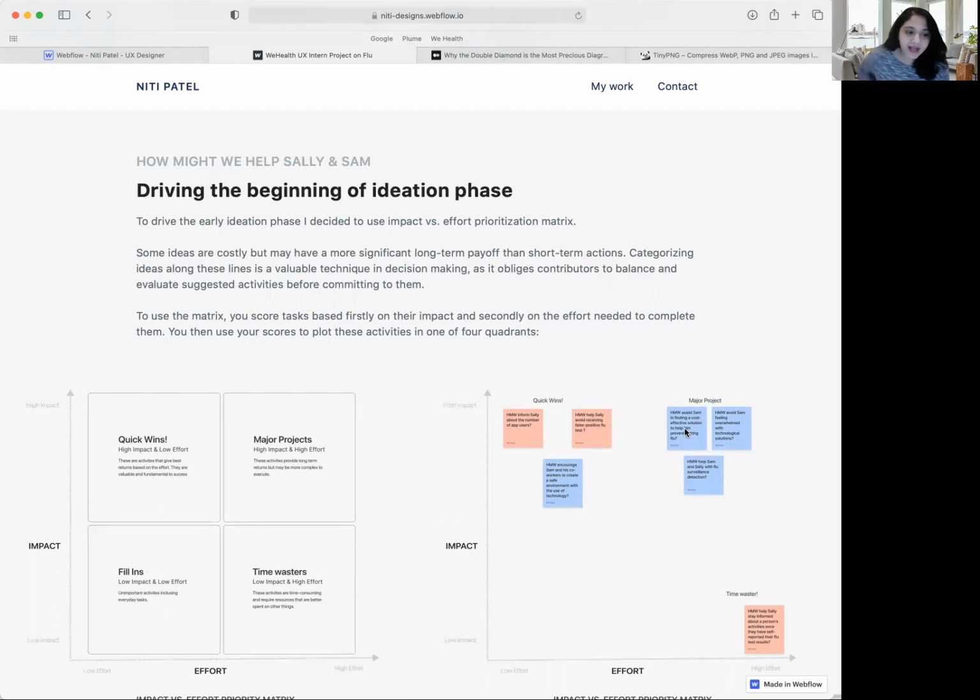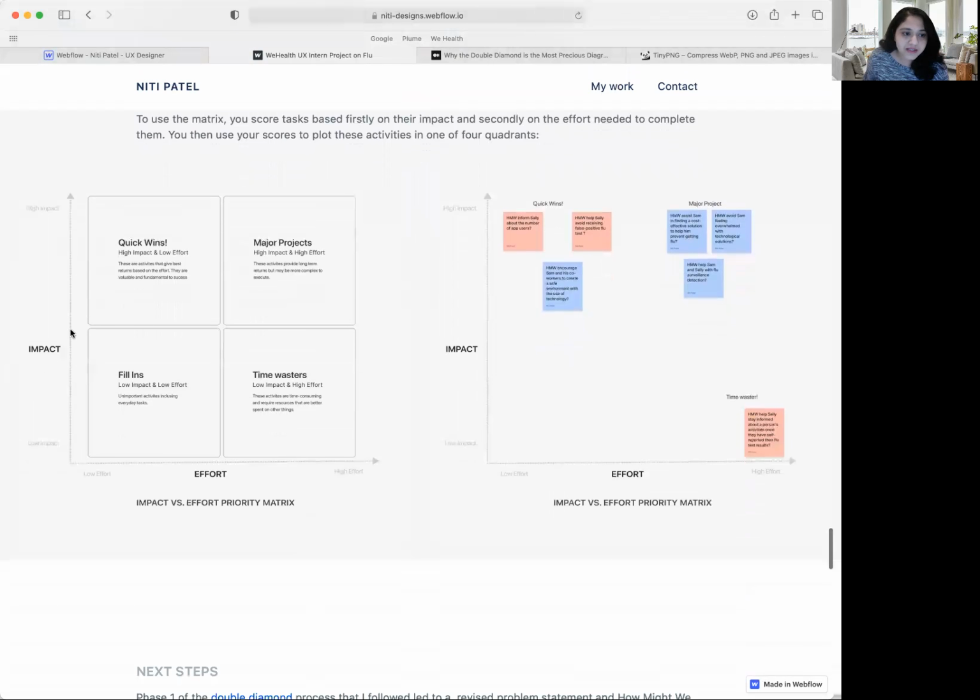So something that has very low impact, versus high impact and low effort: those are the quick wins and ideal things that we would like to do first. The major projects, however, are high impact and high effort. I would design these solutions in the future, and during evaluative research, I would test them.